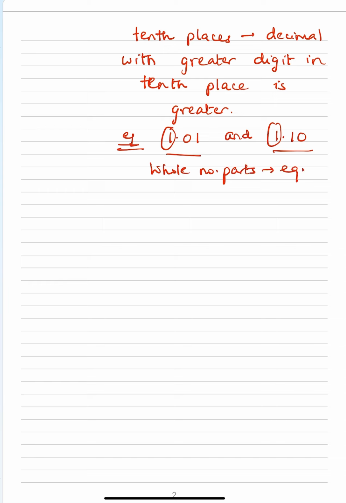Correct? So now we will check the 10th place. 10th place is here, 1 upon 10, 1 upon 100, we know, on the right side of the decimal point, correct? Then here, in the 10th place, the digit in one number is 0, and in the other number it is 1. So we will say 1 is greater than 0. Therefore, 1.01 is less than 1.10.